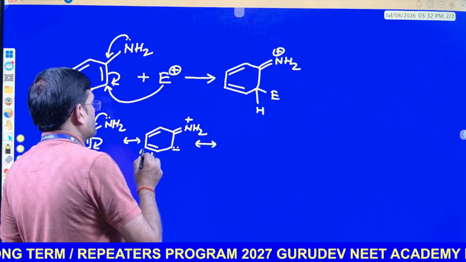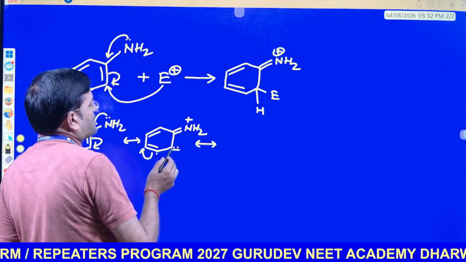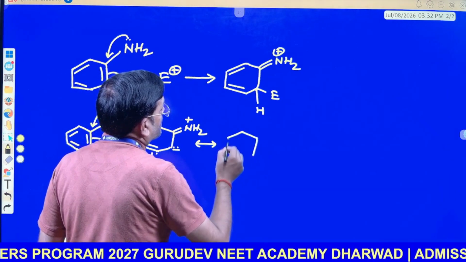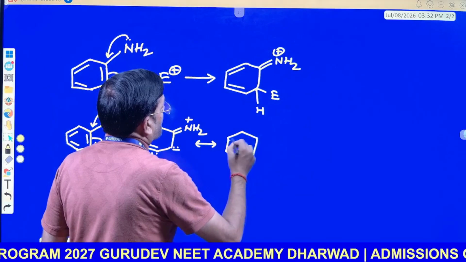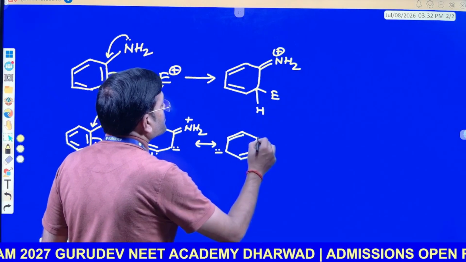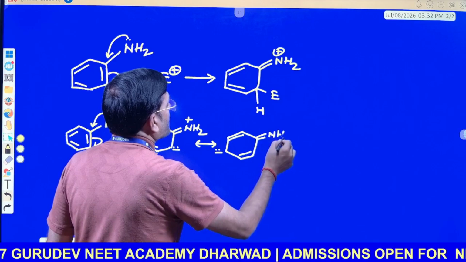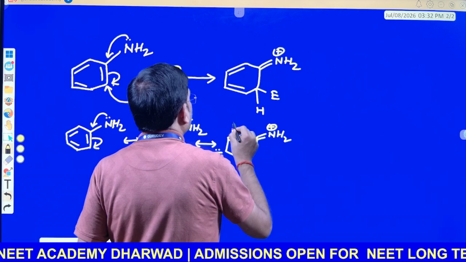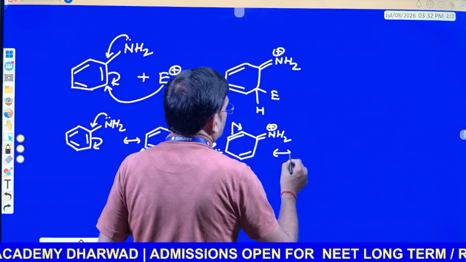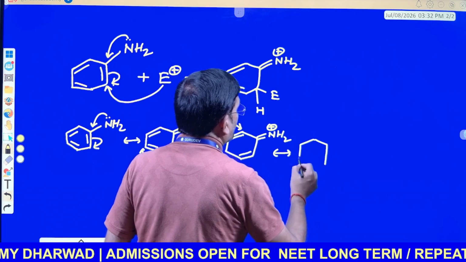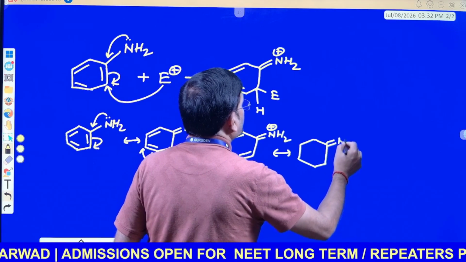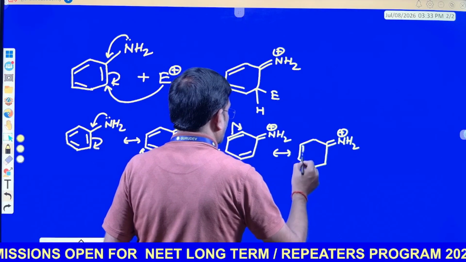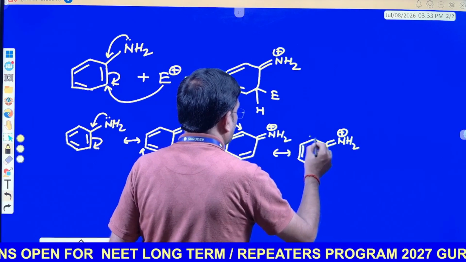This bond will clip this way, positive develops here. At adjacent you are already having negative, so plus minus is going to make a bond. And this time negative charge moves here. Then further, on account of this cleavage, we are having NH2 plus and bond here, bond already here, and negative moves here.